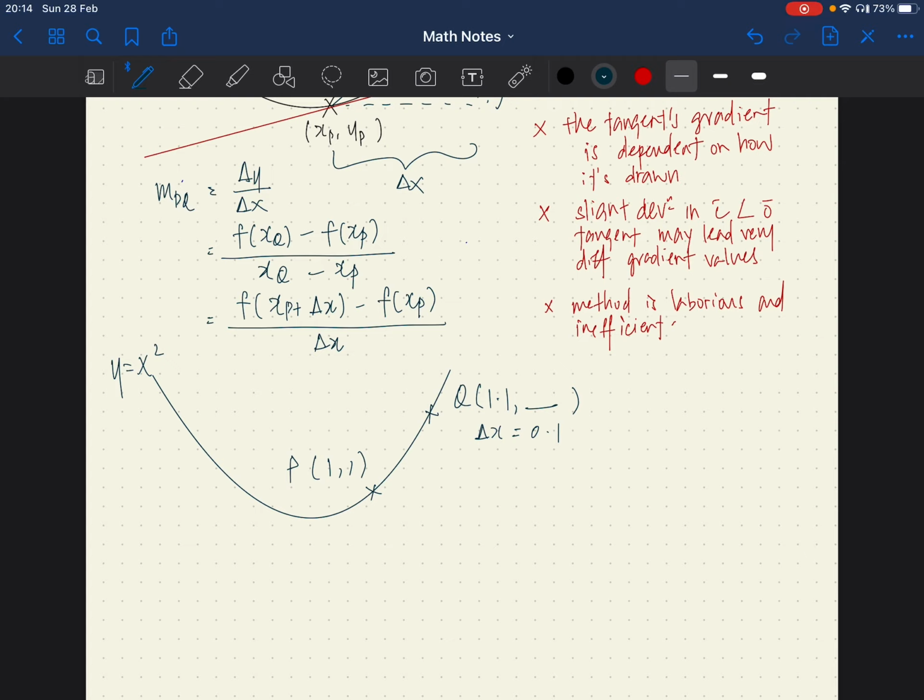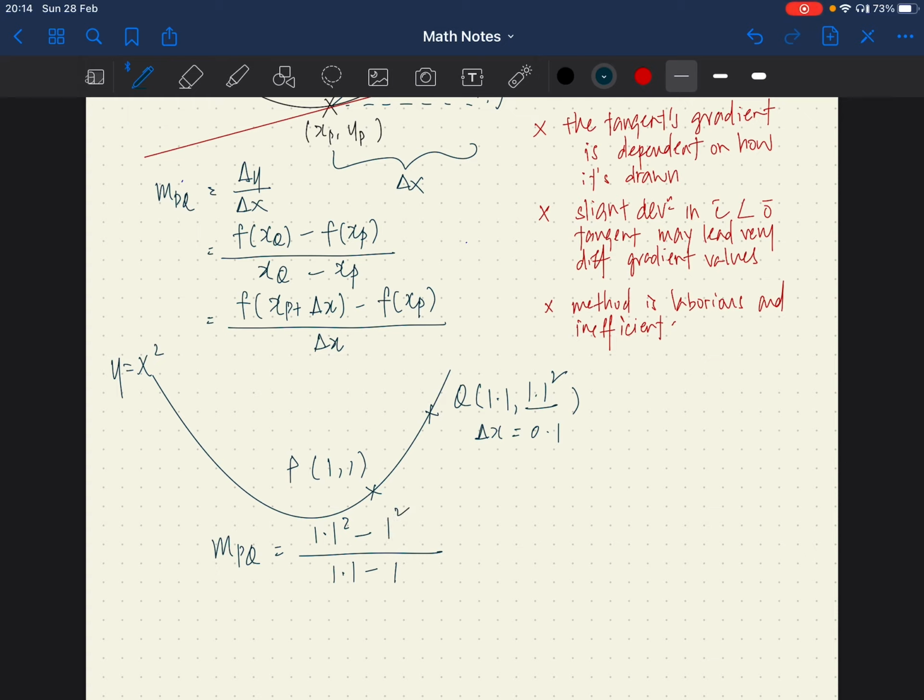So my Q's y coordinate will naturally be 1.1 squared, since my equation is y equals x squared. So my gradient of PQ will then be 1.1 squared minus 1 squared over 1.1 minus 1.